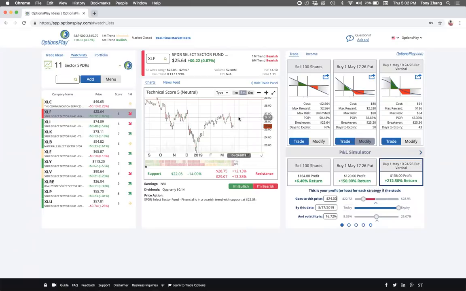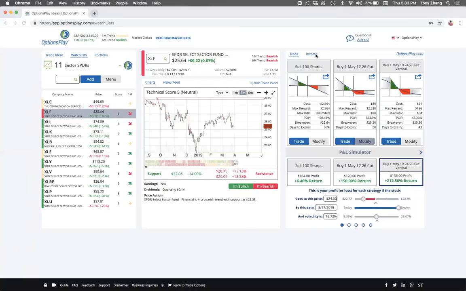And even if the stock rallies to $26, $27, 26.5, halfway between now and expiration, I lose $53 to potentially make $120. So I'm comfortable taking a $53 risk to try to make $120 if financials do continue to move to the downside.